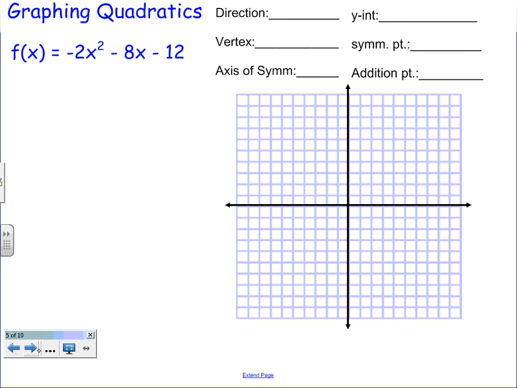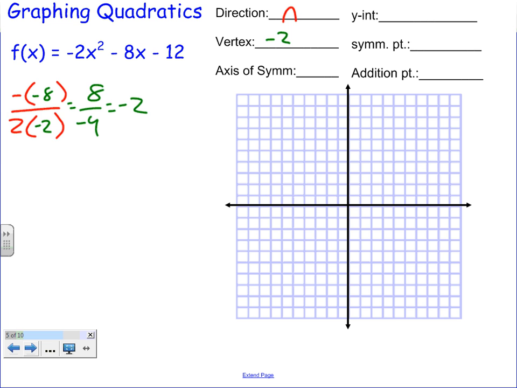Okay, again, I'm just going to quickly go through this one. I believe this is our last example. Things I'm noticing: negative 2 for my a value, so it's going down. I'm going to find my vertex, so I'm going to plug in my values of negative 8 and negative 2.